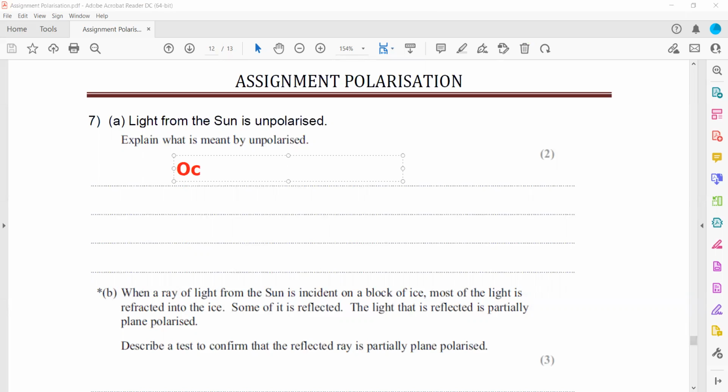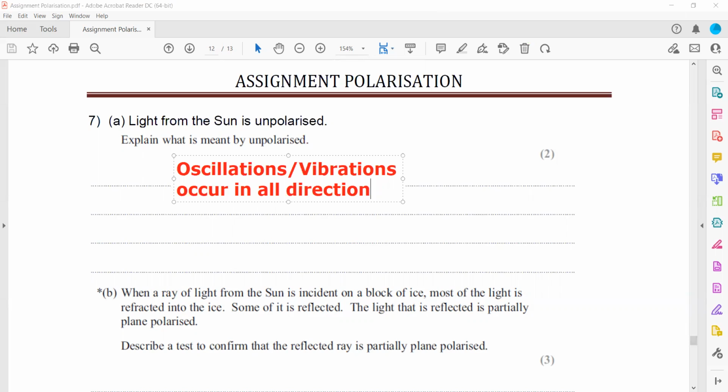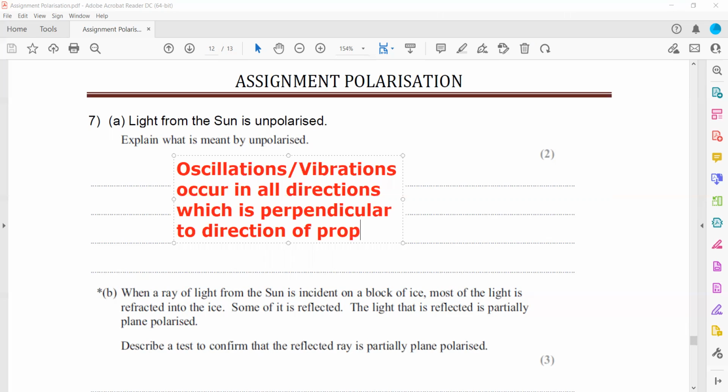So oscillations or vibrations occur in all directions, which are perpendicular to the direction of propagation. The direction in which it propagates, that will be different.